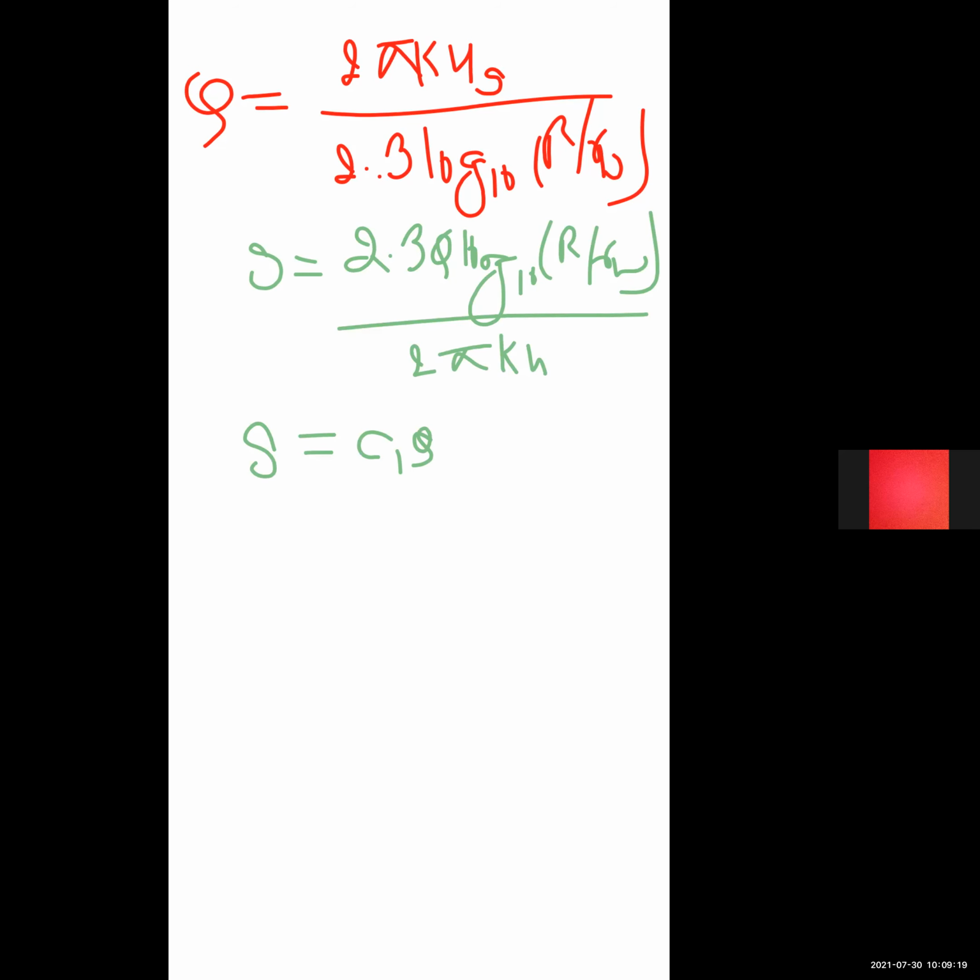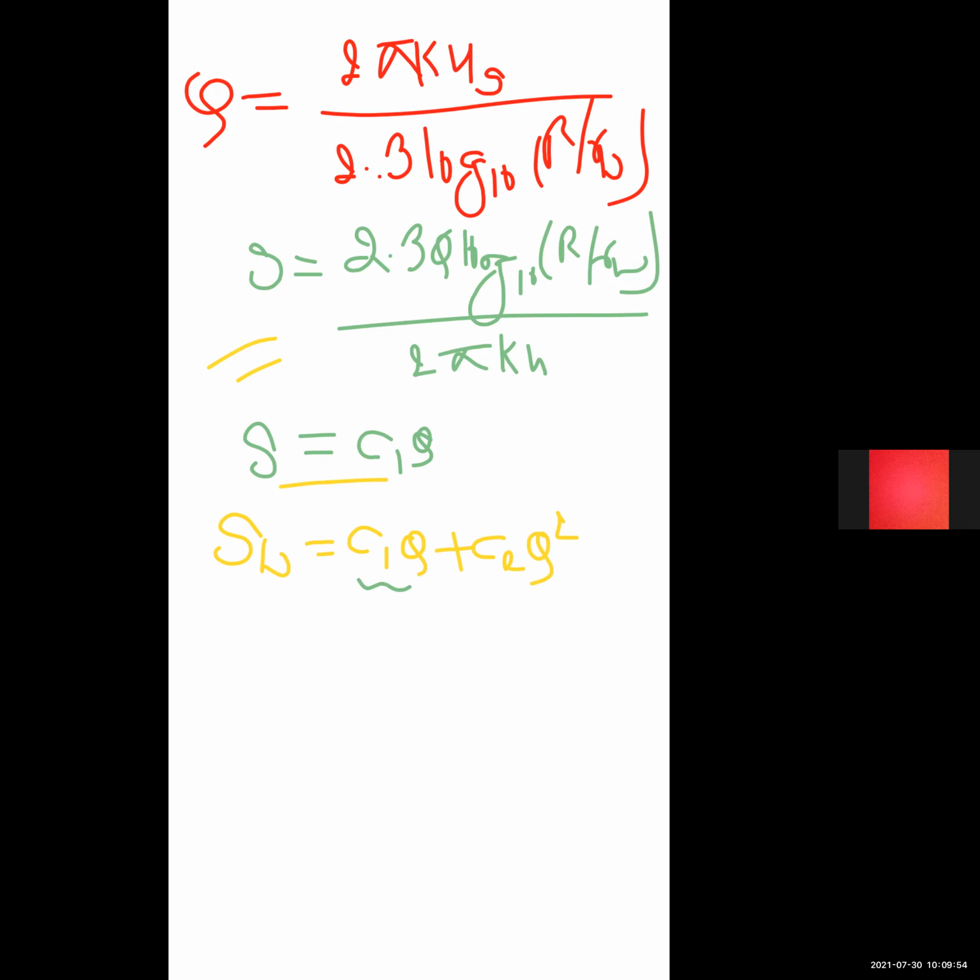So the total drawdown SW is equal to C1Q plus C2Q square. So C1Q is calculated here. And what is C2Q square? C2Q square is the well loss, and C1Q is known as aquifer loss or formation loss.